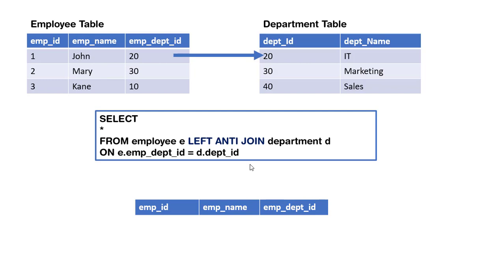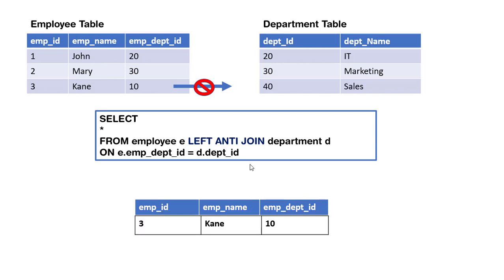This particular department ID is matching, but it will not be considered; this did not come in the result set, and this is also matching, even this will not come into the result set. But this particular department ID is not matching, so we'll get this in the result set. Sometimes while solving questions or dealing with some data, you might need to find the non-matching records from table 1 to table 2. Then you can use this left anti join.